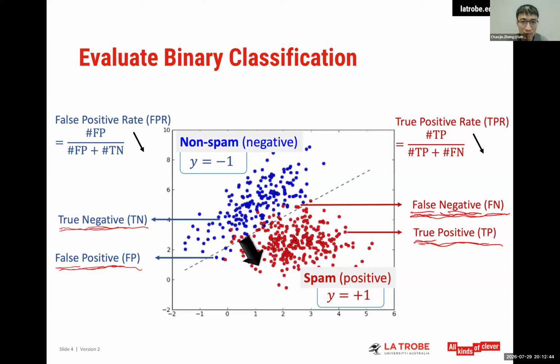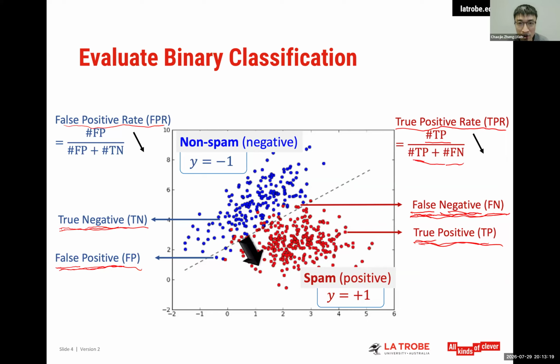And based on these four terms, we will get some more advanced measurements, that is true positive rate and false positive rate. You will see a few slides later that the true positive rate is also called recall. So it is calculated as the number of true positives divided by the sum of true positives plus the false negatives.